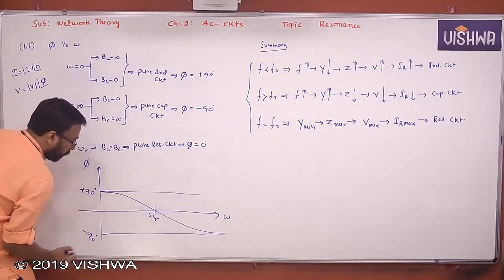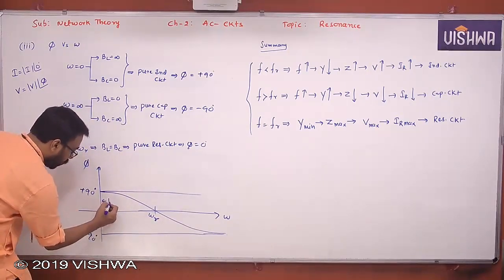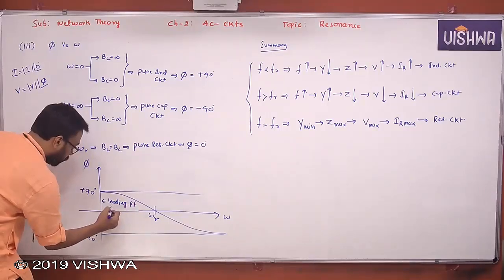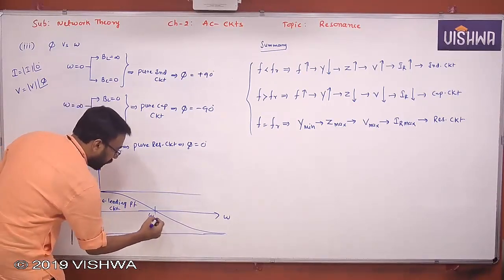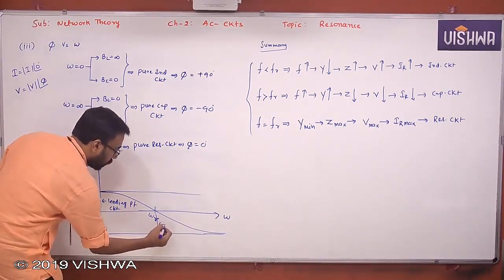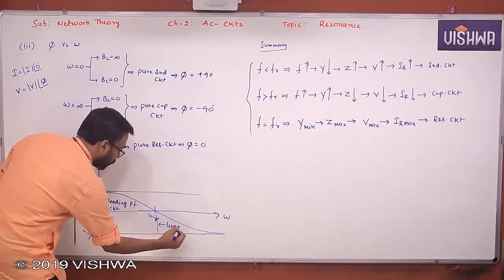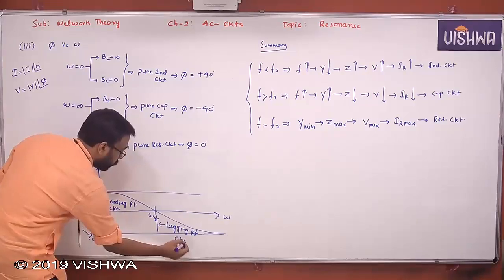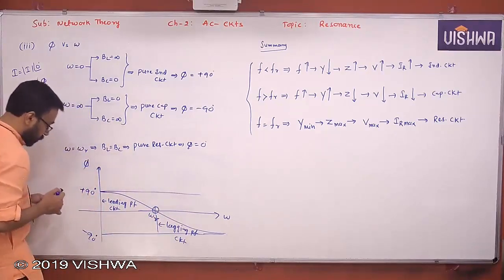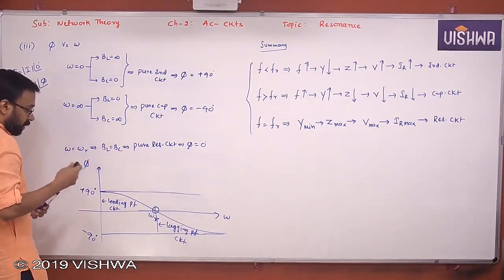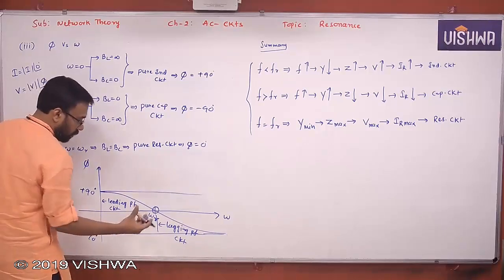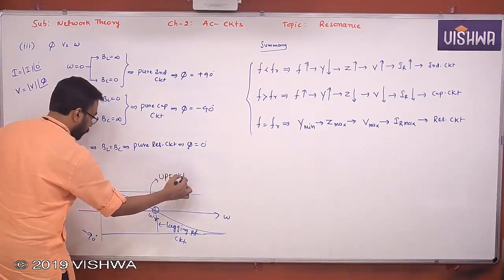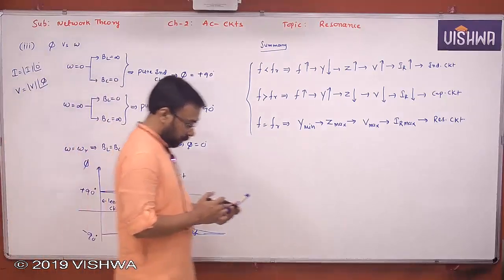Here it is acting like a lagging power factor circuit, whereas beyond omega R it is acting like a leading power factor circuit, and at omega R, unity power factor circuit. Please note down.